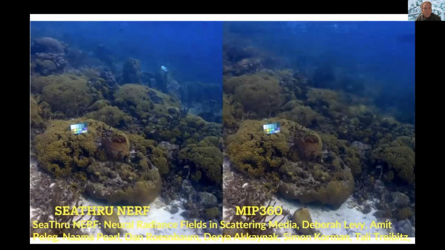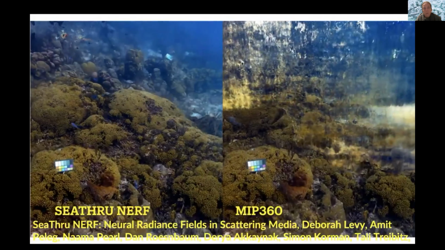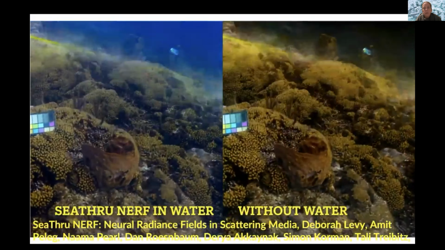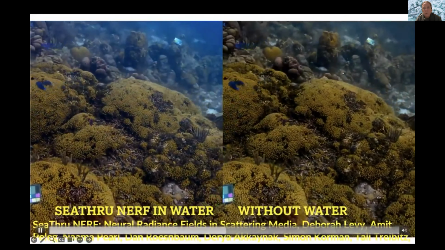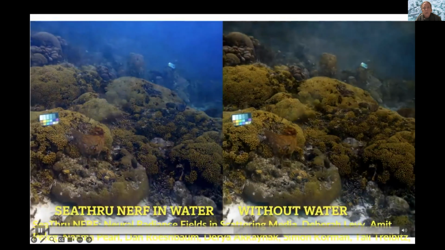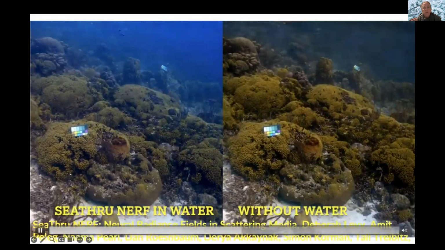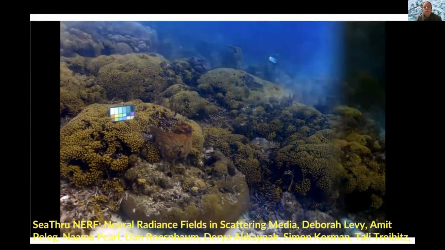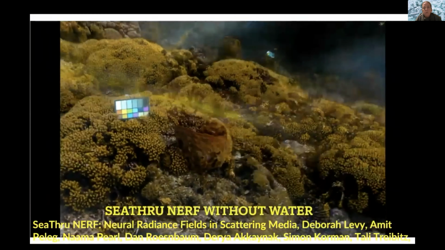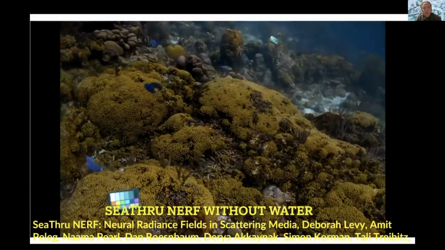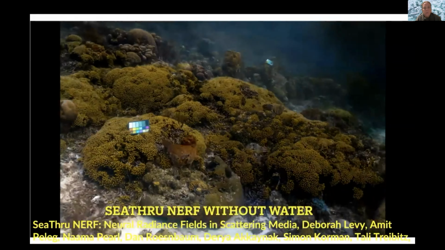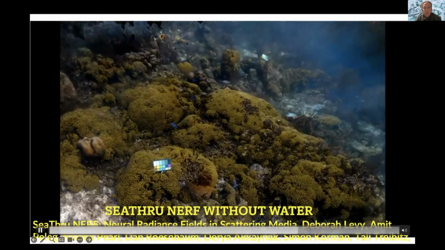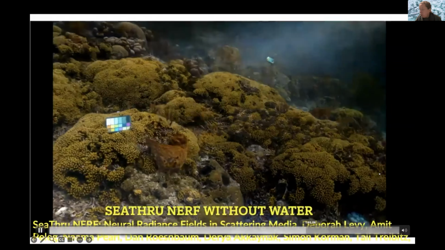Because this framework enables us to represent the entire scene, we can also render the scene without water. And this is what you see on the right. So this is taking the NeRF and telling it, okay, now render the scene, remove the water component. So this enables us to render novel viewpoints, how the scene looks like from different viewpoints, but also without water. And take a look at the further parts that are reconstructed.